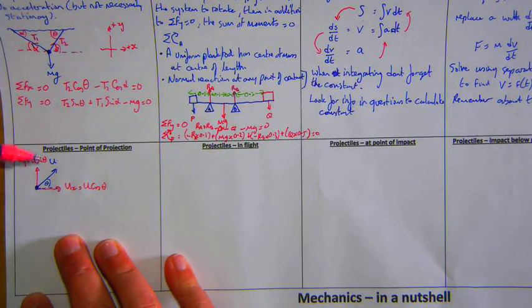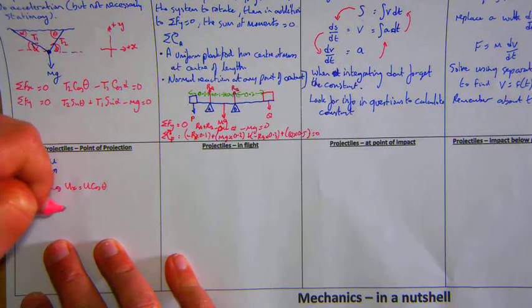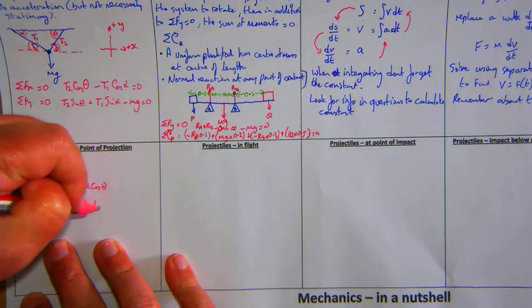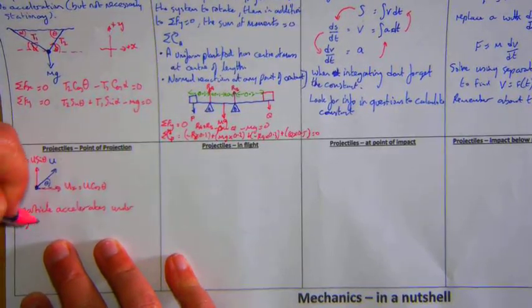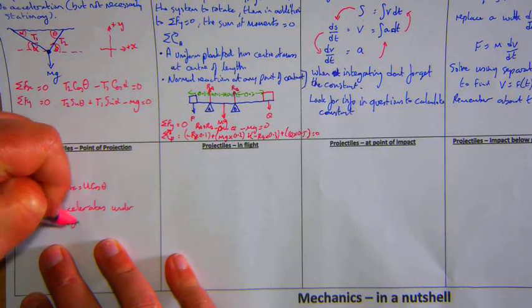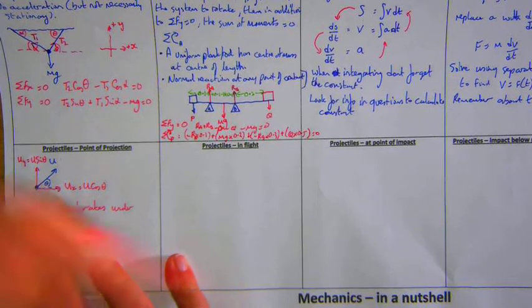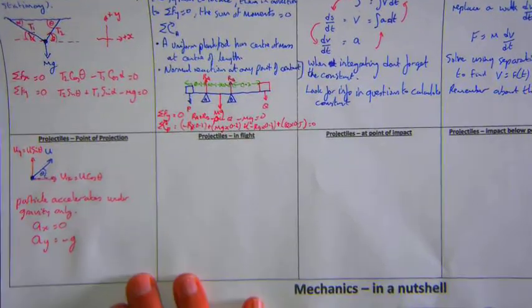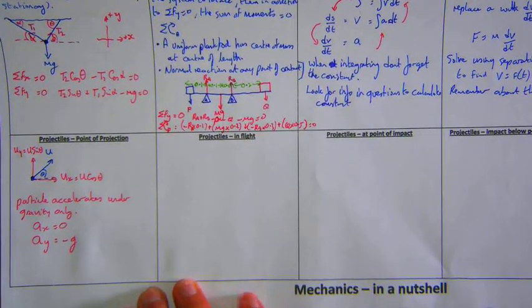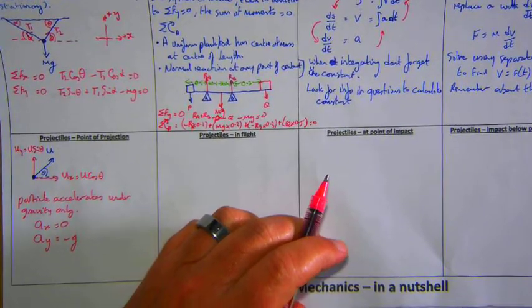The only thing that's making it move is its initial velocity and then acceleration. So the particle accelerates under gravity only. So it's got no acceleration in the horizontal plane. Its only acceleration is g, and g wants it to come to ground. So if it's being projected upwards, the acceleration due to gravity is minus g.